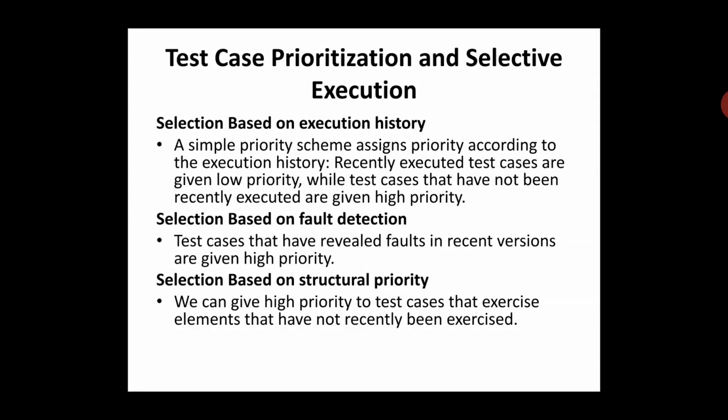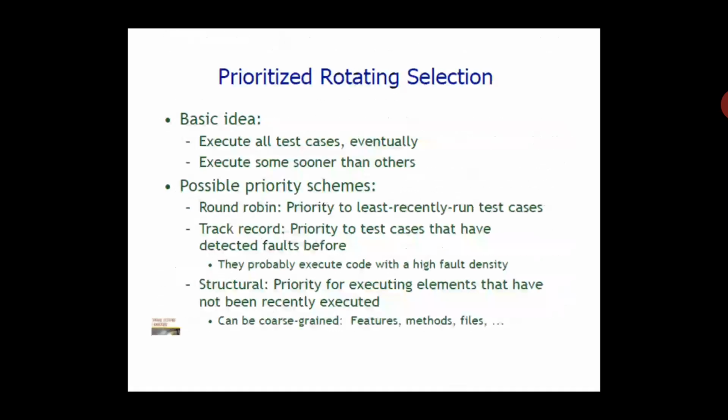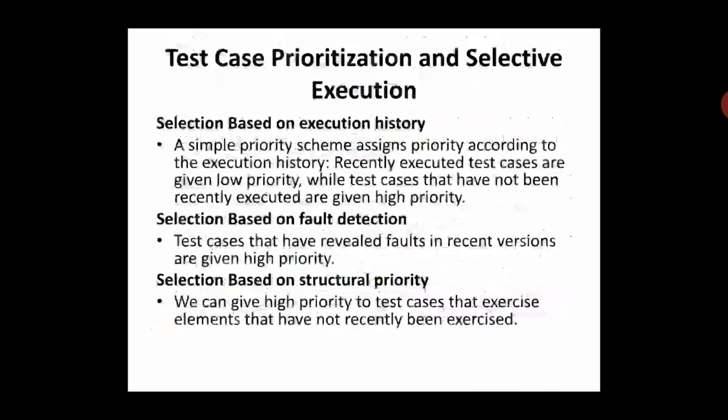Selection based on structure: we can give high priority to test cases that execute elements that have not recently been executed. The same idea present in the slide is given here sentence-wise. So while writing the exam, you should follow this slide's approach.